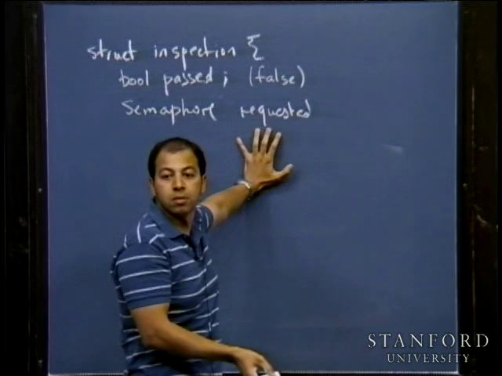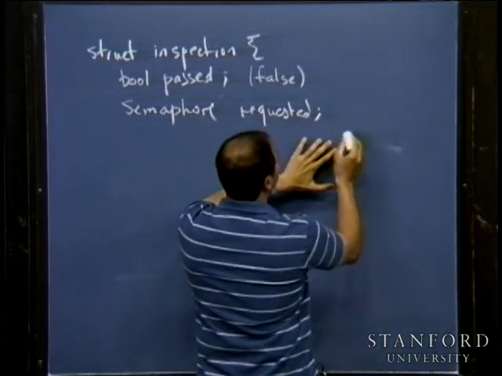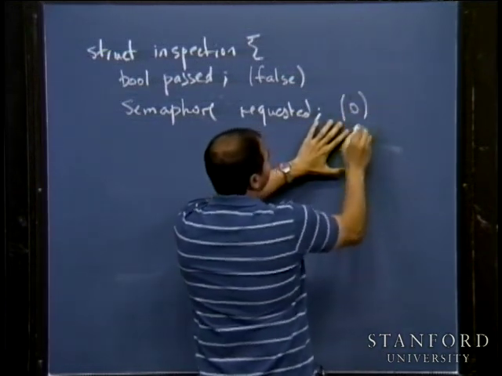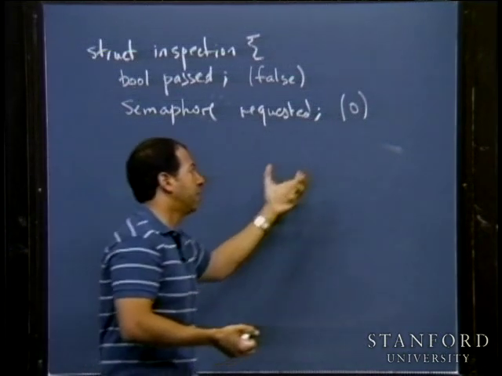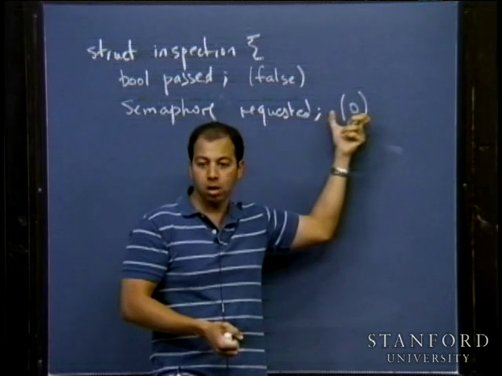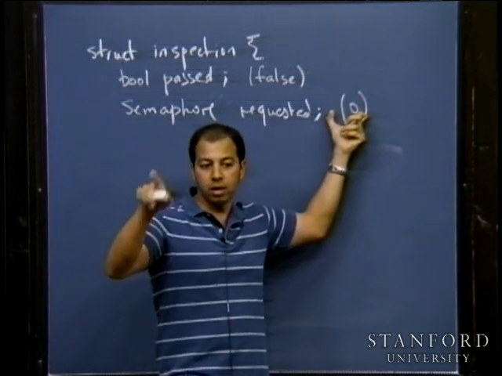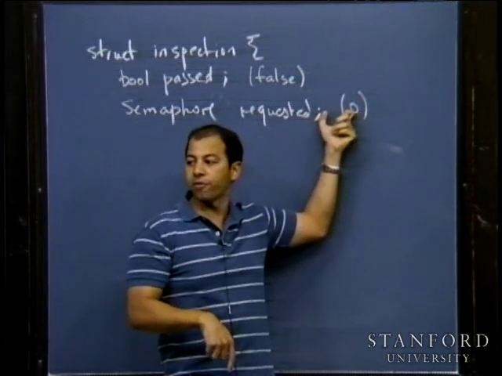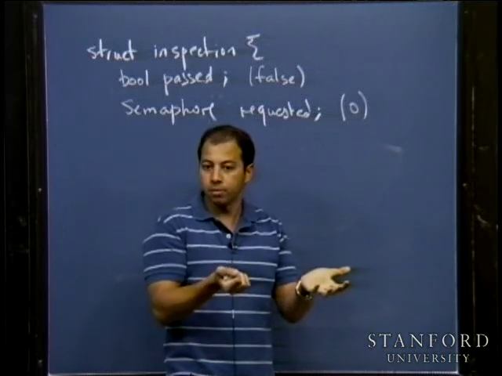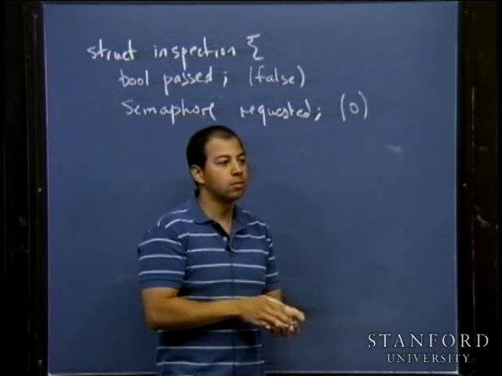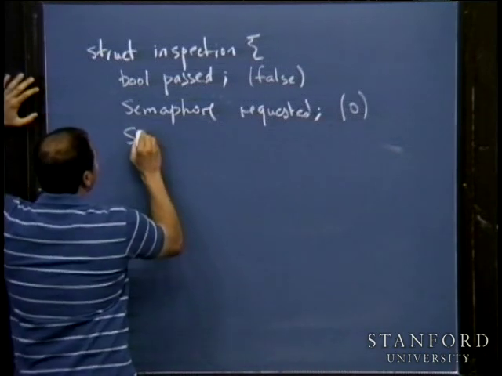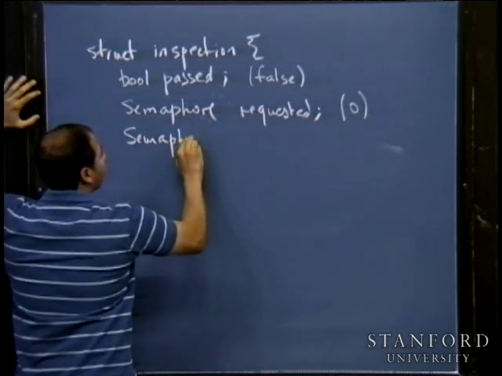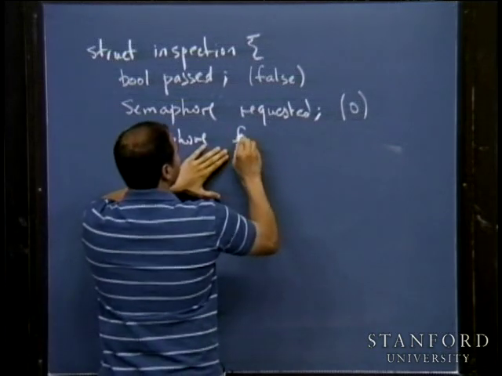Make sense? So this semaphore is going to be initialized to 0. The manager is going to wait on the semaphore, which means it's going to block until a clerk comes and signals the semaphore, which wakes up the manager. Make sense? All right, so we have the semaphore requested, and we have the semaphore finished.